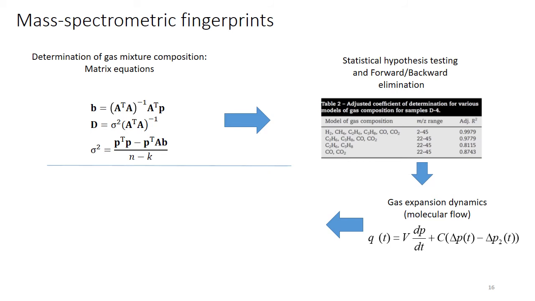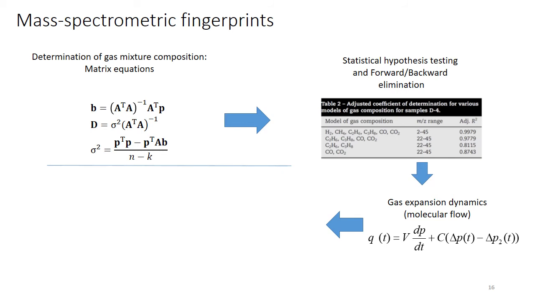Then from these analyses, when we have identified approximately the composition of the possible molecules which can be emitted, we should apply a mathematical, statistical model to determine the concentration of each of these components using these matrix equations.